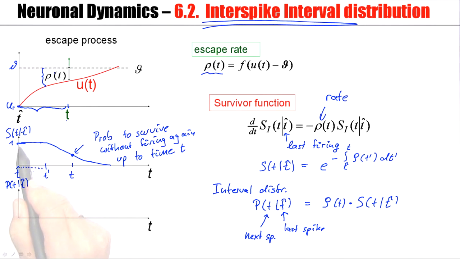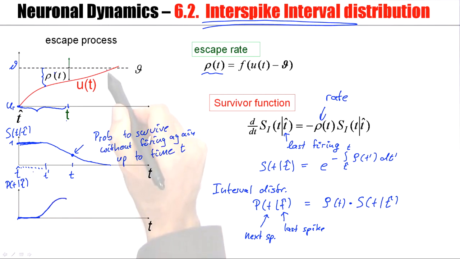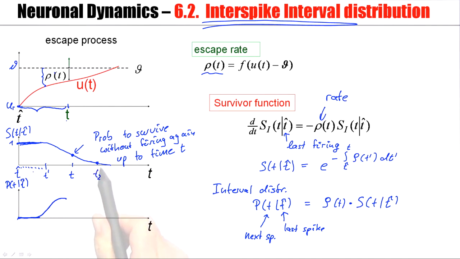So while the survivor probability stays at 1, we know that no spikes can happen. And then as this starts to decline, the interval distribution increases. Now, the instantaneous rate of firing is very big here, but hardly any probability is left that the neuron would survive to this time t2.